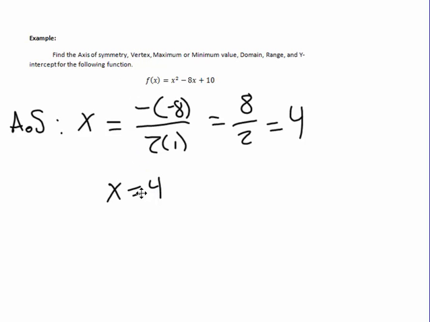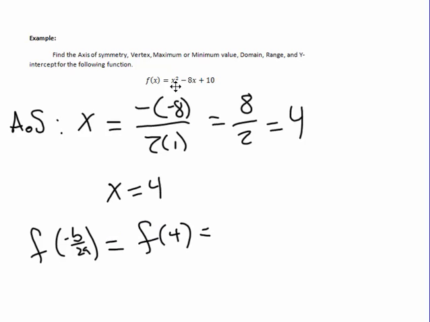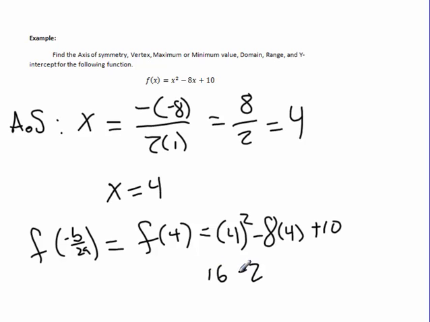Now I can find my vertex simply by plugging 4 back in. So f of the opposite of b over 2a is really saying f of 4. In this instance, I just plug a 4 in for all my x values. So I get 4 squared minus 8 times 4 plus 10, which gives me 16 minus, wait a second, 8 times 4 is 32, and then plus 10.